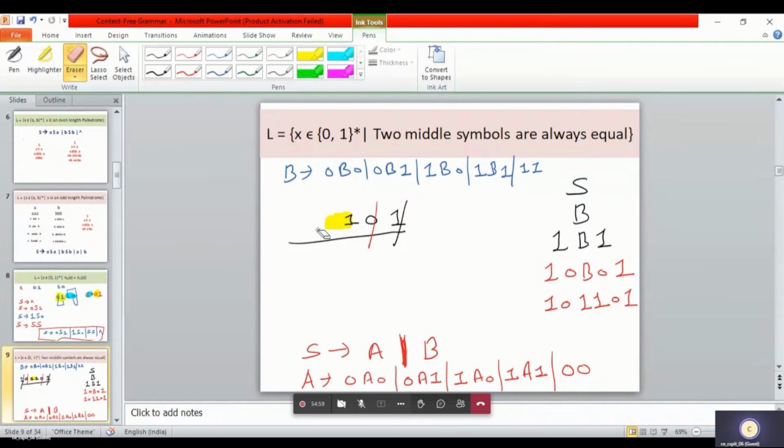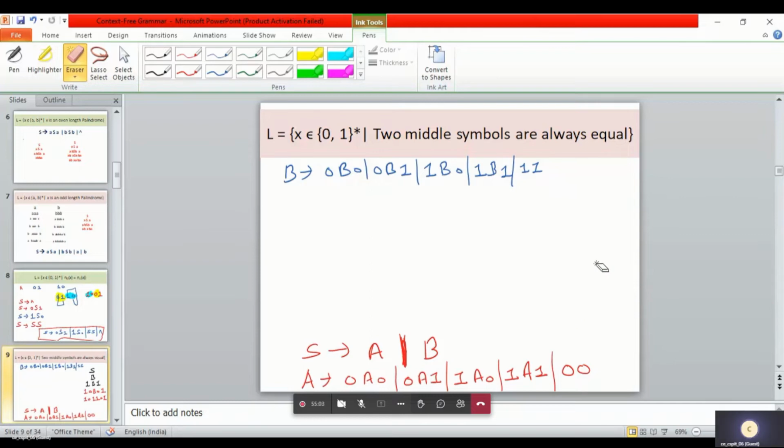Now similar to that, if you want to derive a string having two middle symbols as 0, 0, we can write like this. Suppose the string, let us take a string with 0, 0 in the middle, then 1, 0, and 0, 1. Suppose you want to derive this. As we require 0, 0 in the middle, we'll replace S with A. Then for 0 and 1, we'll replace non-terminal A with 0, A, 1.